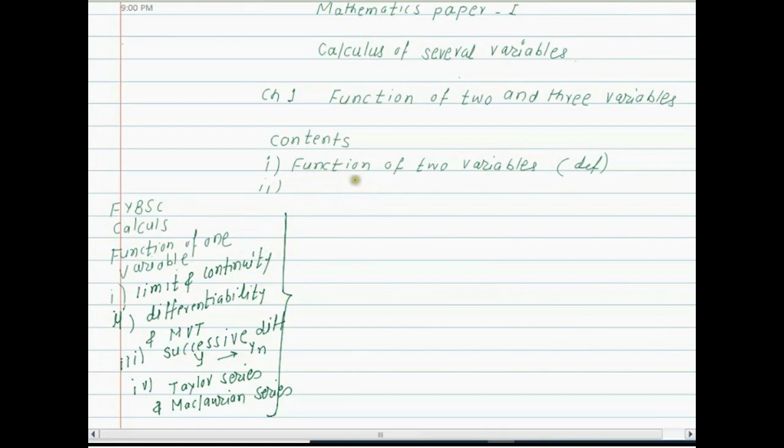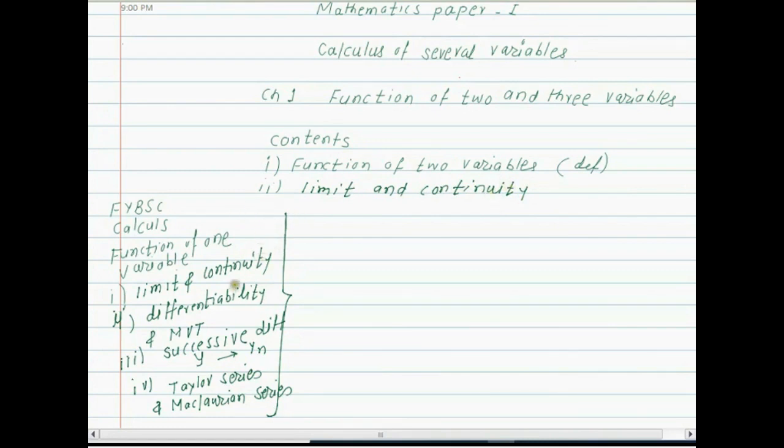So first we will define a function of two variables, then we define limit and continuity.